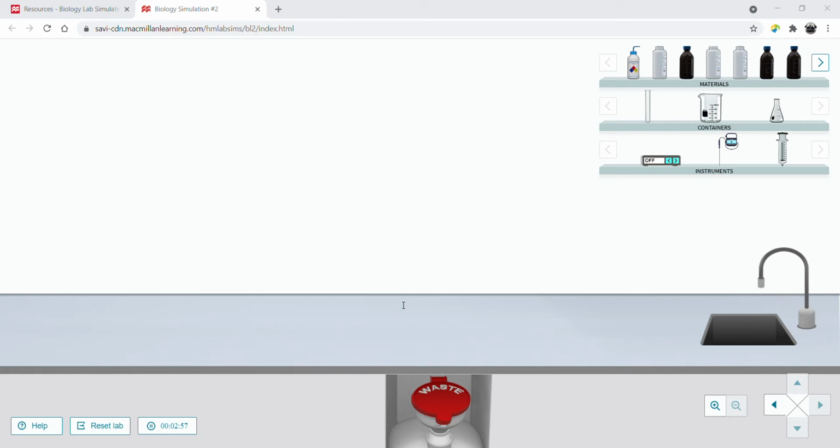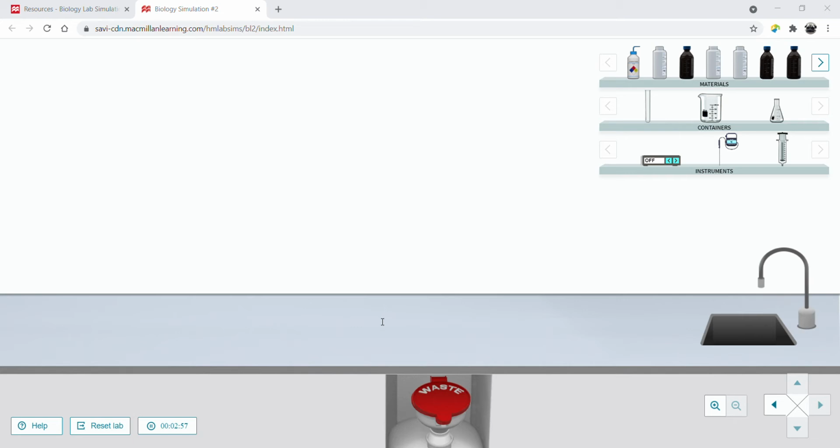For our first experiment, the procedures on pages 4 through 6, you're going to run these tests: the Benedict's for reducing sugars, the Lugol's iodine for starches, the Sudan test for lipids, and the biuret test for proteins.